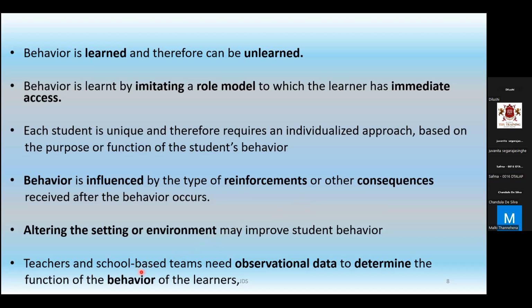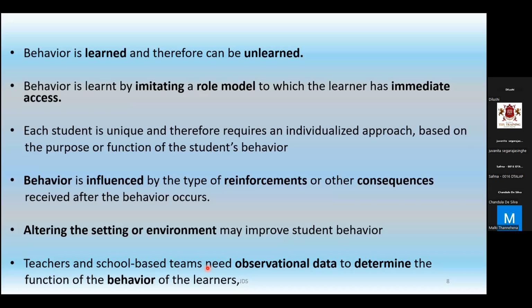Teachers and school-based teams need observational data to determine the function of the behavior of learners. So when it comes to handling learner behavior, it cannot be done randomly or irrationally. Now there are certain cases, children who might speak lies throughout, every day the same thing, whatever they speak will be lies.